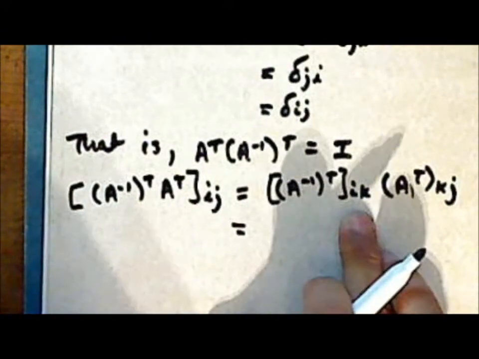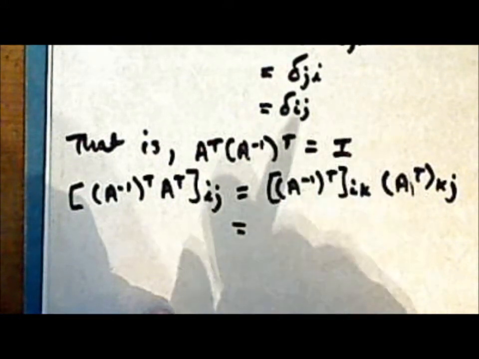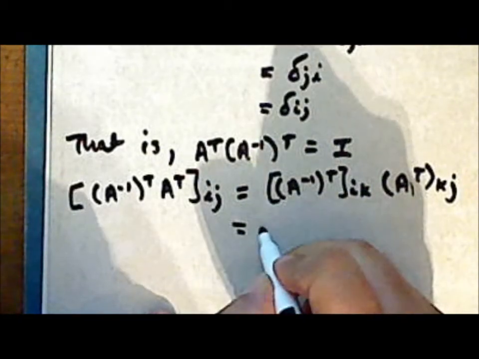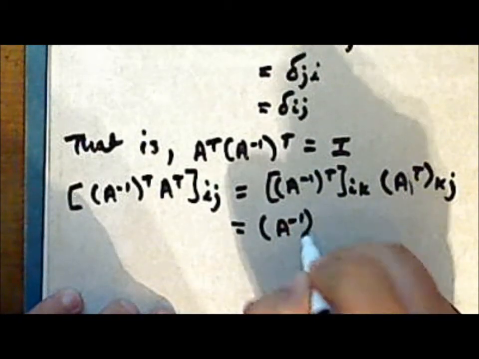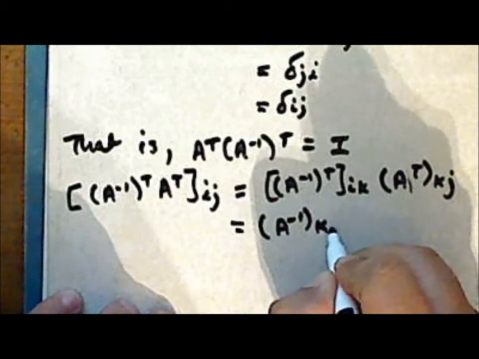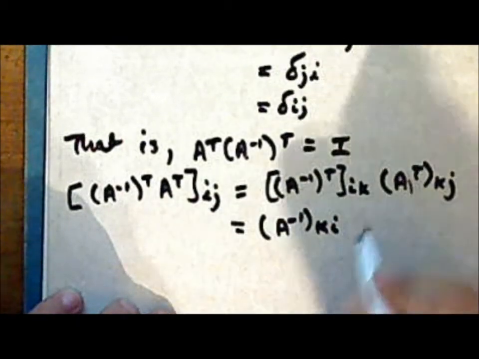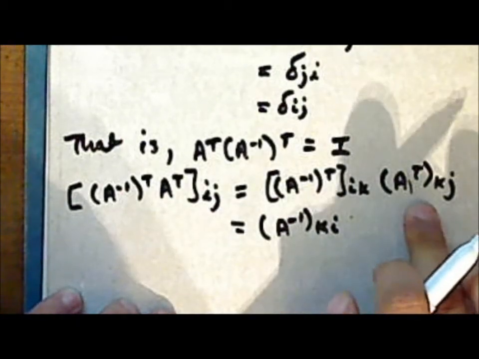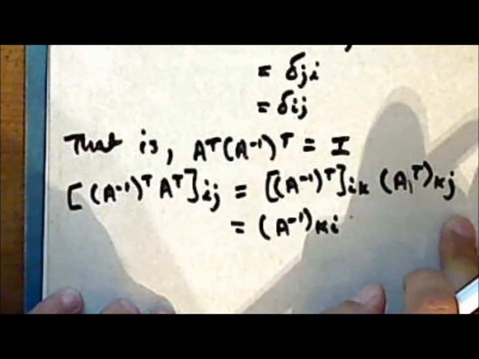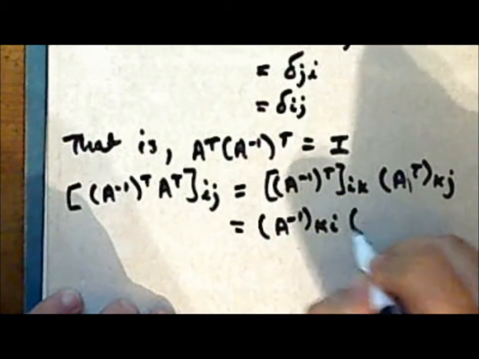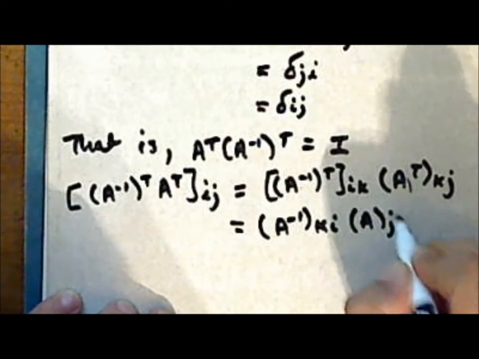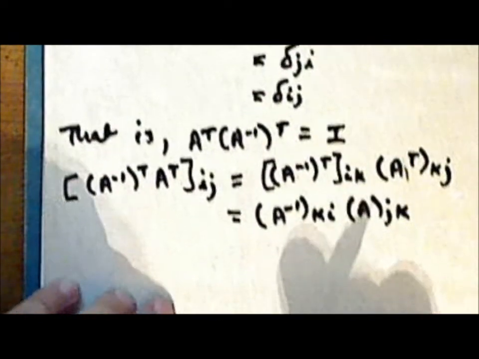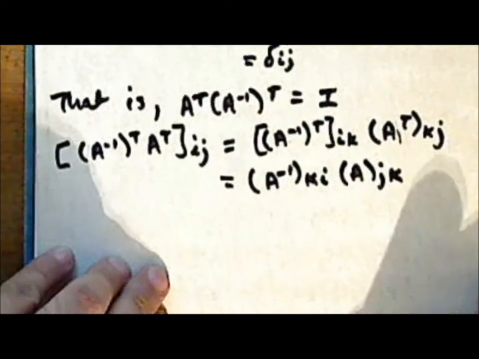The component in row I, column K of the transpose of the inverse is the same as the component in row K, column I of the inverse, and the component in row K, column J of the transpose of A is the same as the component in row J, column K of the matrix A. Again, these are simply numbers.